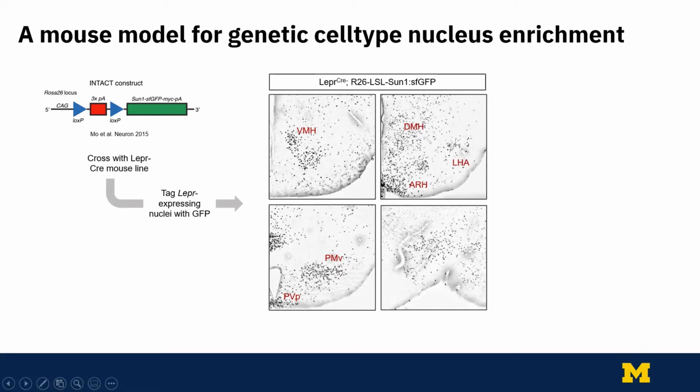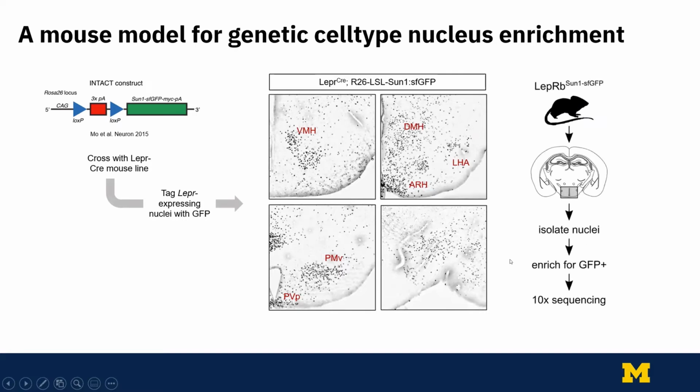So now that we have a mouse line that labels leptin receptor cells with GFP, we can use FACS sorting to enrich for them. In this series of experiments, we've taken this mouse line, leptin receptor SUN1 GFP, dissected out the entire hypothalamus, isolated the nuclei, used FACS to enrich for GFP, and submitted them for droplet-based single-cell sequencing.